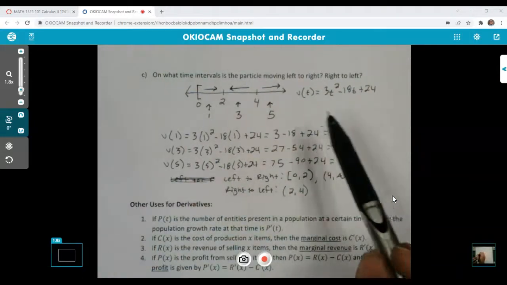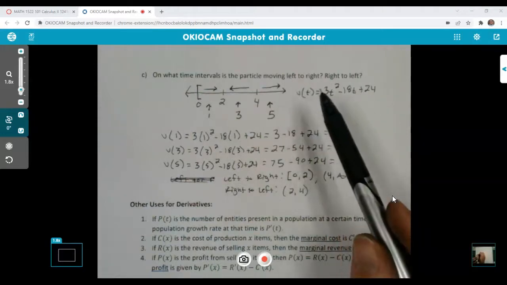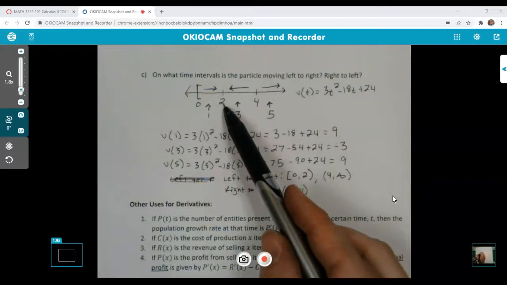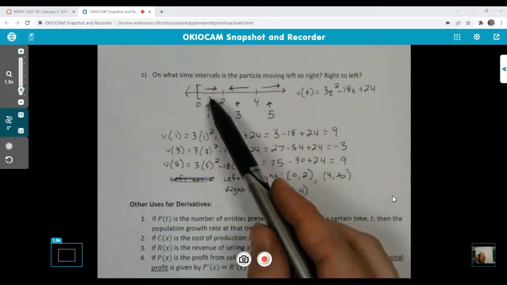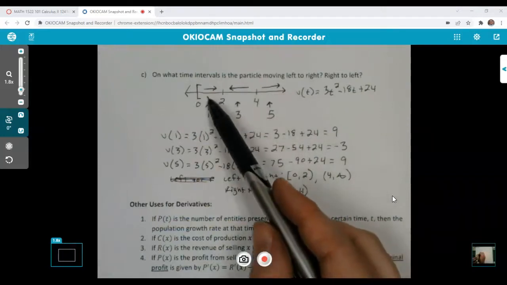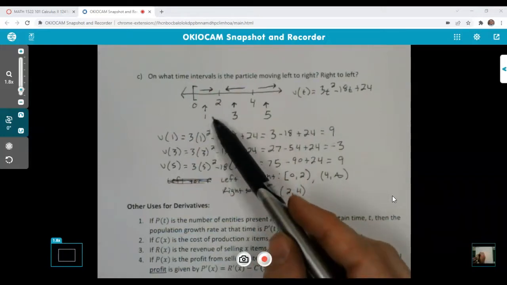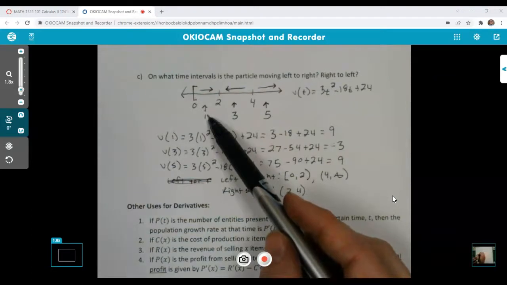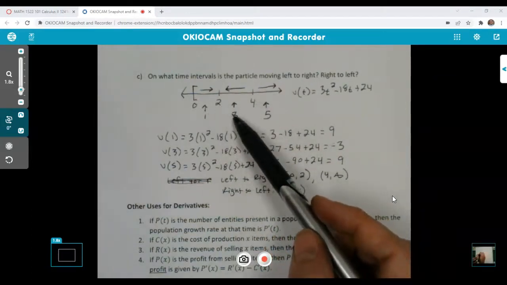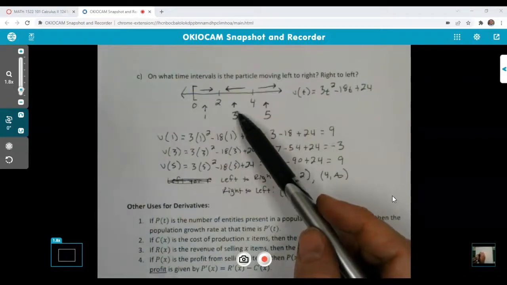So again, how I tell where I move left to right and where I move right to left is I'm going to first plot where I'm staying still and find what happens between all of those points. I could pick any point here. I just picked a 1 because that's clean and clear. Between 2 and 4, I picked a 3, but I could have picked like 2.8 if I wanted to.